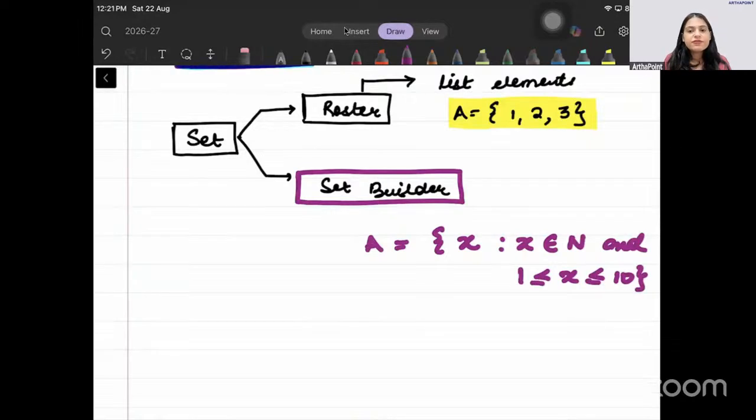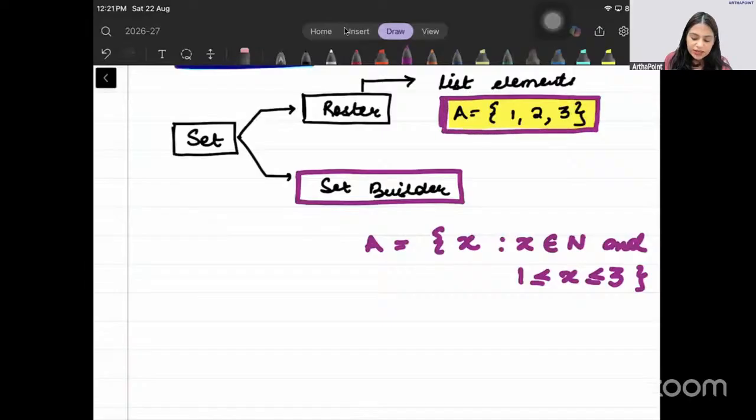So when we define what that set contains without clearly listing out all elements, here if I have to match, X between 1 to 3, right?